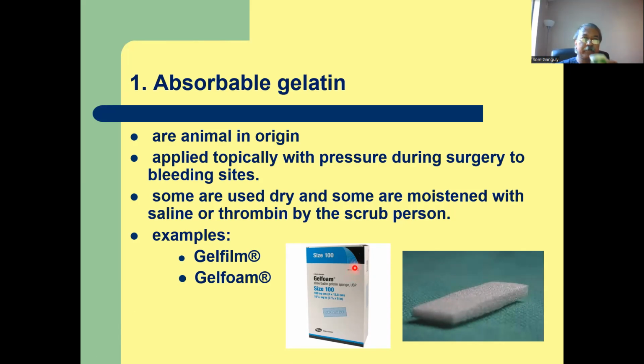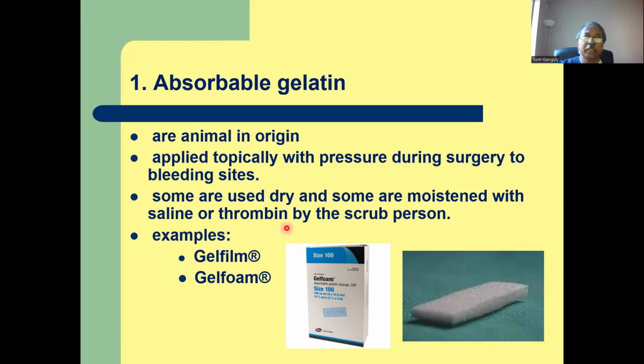Two forms are available. One is like this type of foam. Another one is like a film. So film is very thin, as you can imagine, and foam has a little width to it. These alone can be used, or they can be moistened with saline or thrombin.